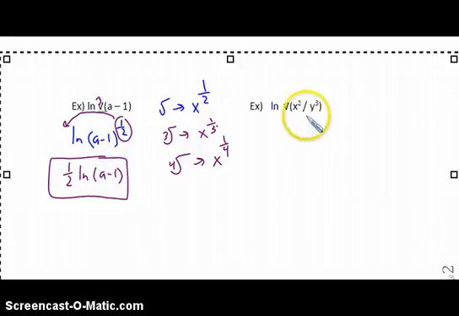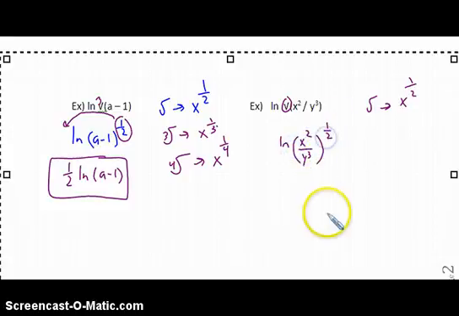Taking a look at the next one, what I'm noticing right away is that I have a radical that I can write as an exponent. So I'm going to change my radical to an exponent raised to the 1/2. So the natural log of x squared over y to the third raised to the 1/2. Now the next thing that I recognize is that both of these terms, the numerator and the denominator, are being raised to the 1/2.